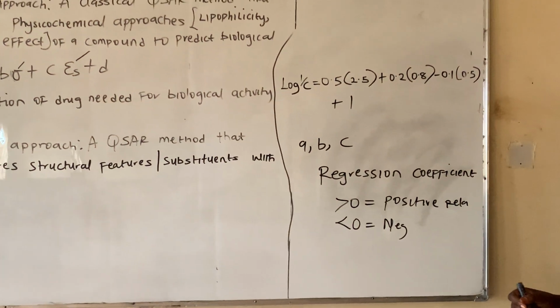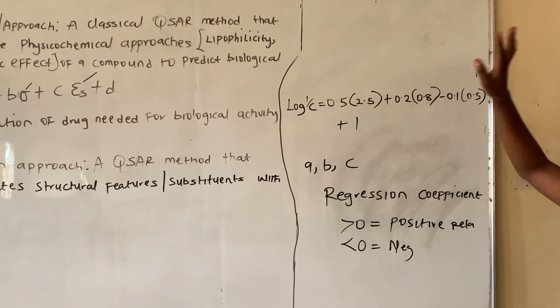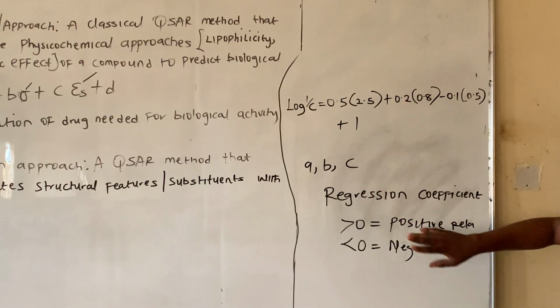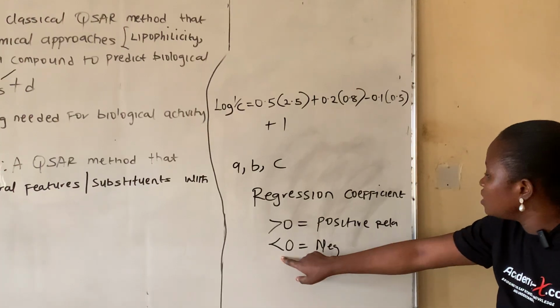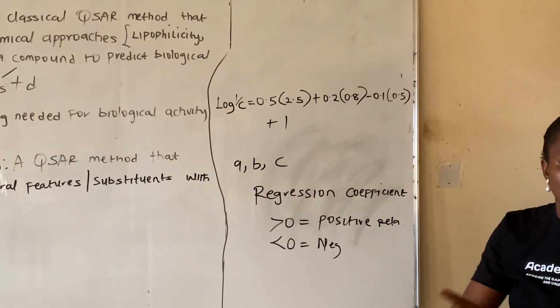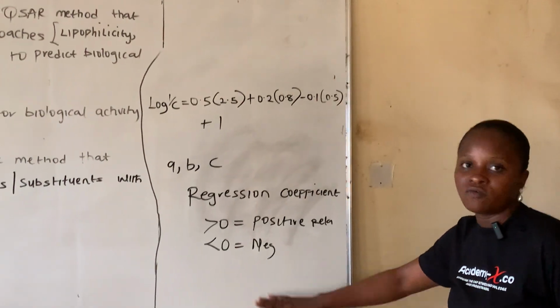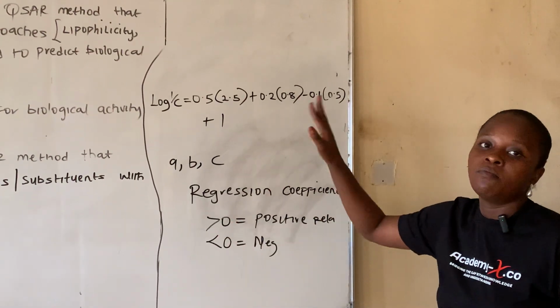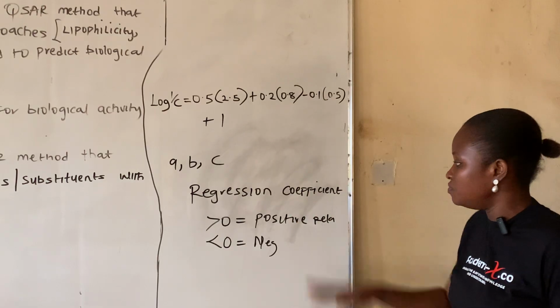It means that if you increase the lipophilicity of that particular compound, you are also increasing the biological activity. Or when they say it's negative, it means that there's an inverse relationship. That means if you increase the lipophilicity, if you increase the number of lipophilic substituents of that molecule, that means you are reducing the biological activity.